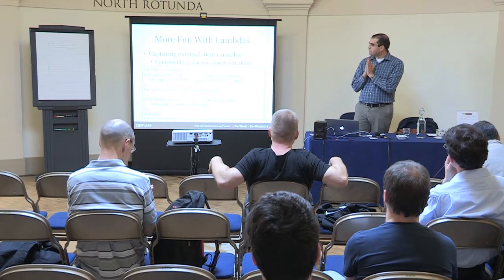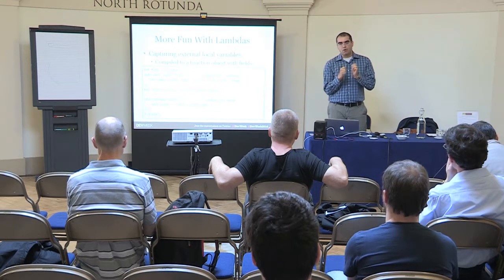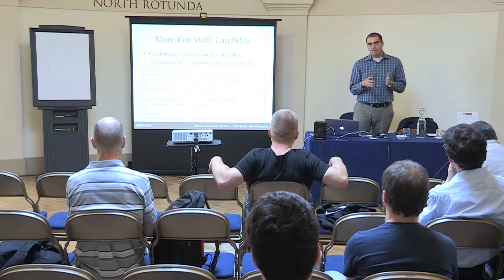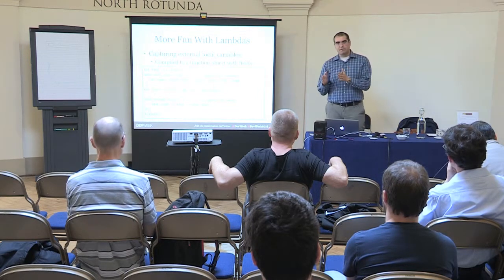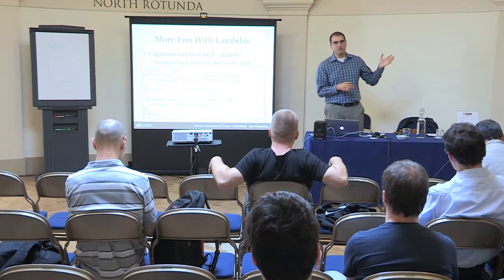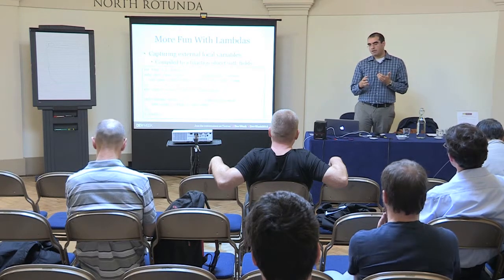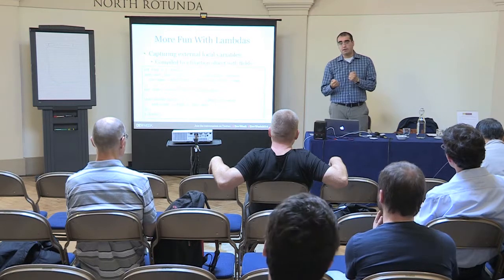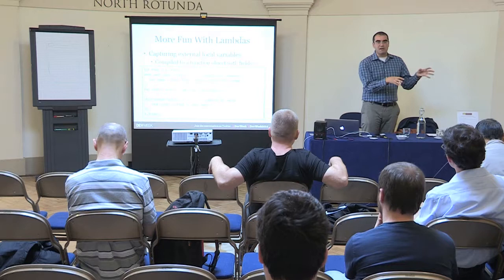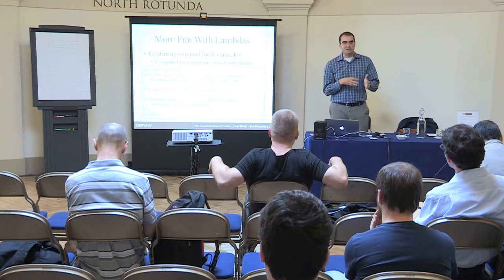Let me say this. Lambda functions are very, very useful when you're going to write a one-off function that you're not going to use anywhere else. Obviously, if you find yourself writing the same lambda function 15 times, it's probably a good case for reusing it as a global function, as a function object or something. But it's pretty common, especially if you're using the STL a lot, that you need these one-off functions, like sort the customers by name, filter all the customers who are not from London, stuff like that.